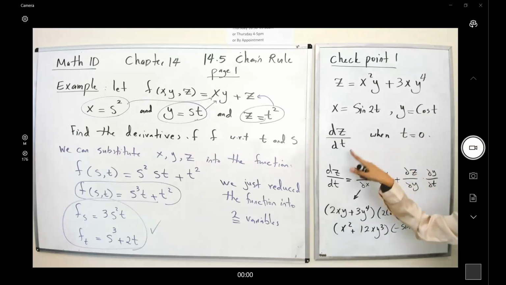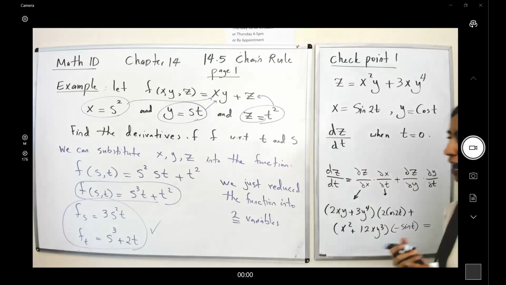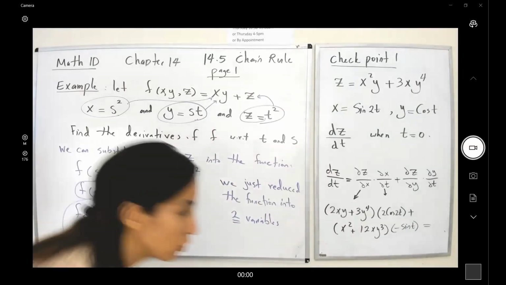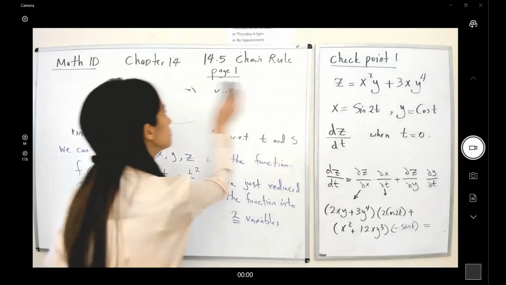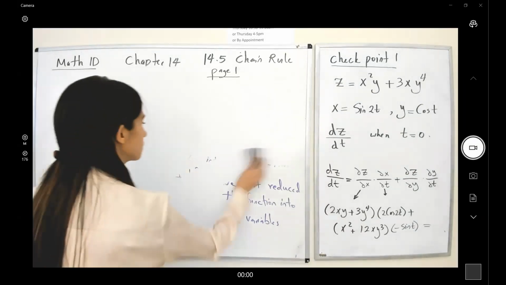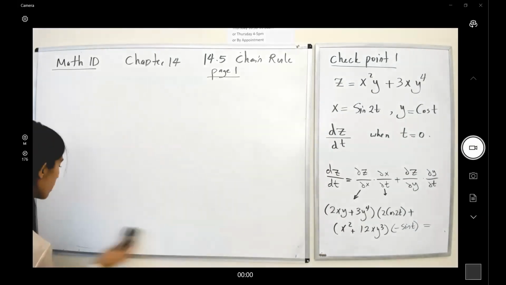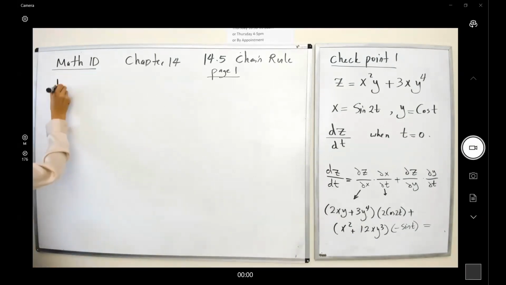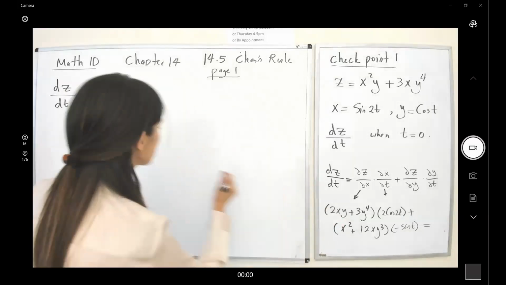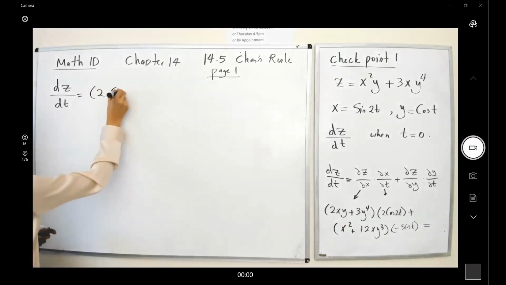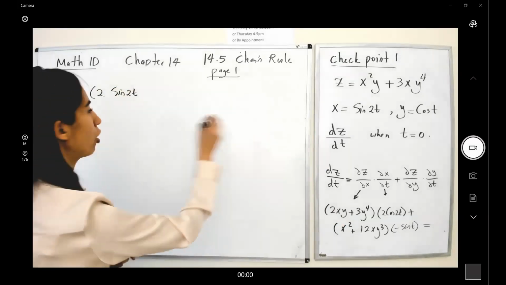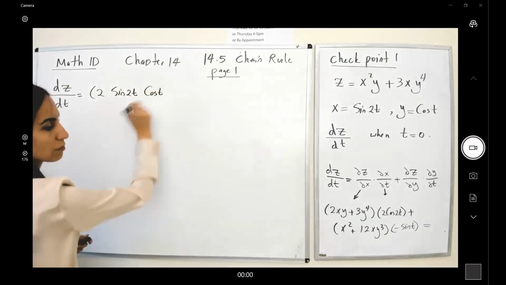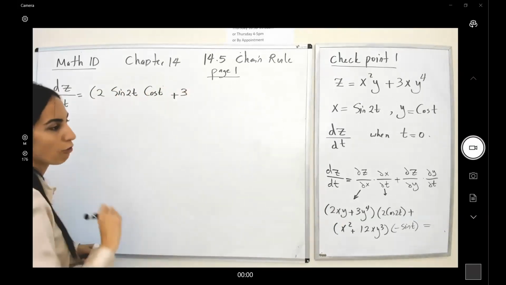Okay, since it asks to find the derivative with respect to t, we cannot have x and y in the final equation. So we're going to do the substitution. We write this as dz dt equals. So 2xy, we have 2 sine 2t and y, which is cosine t, plus 3y to the 4th.